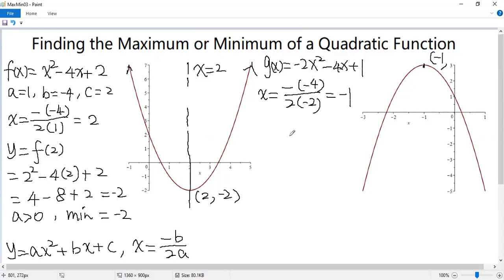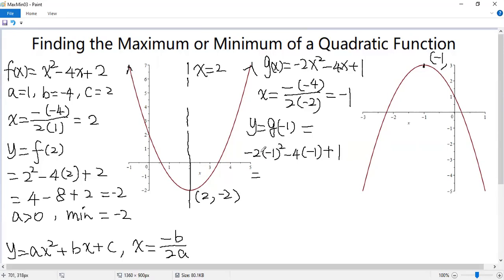To find the y coordinate, we plug in x equals negative 1. So y equals g at negative 1. That equals negative 2 times (negative 1) squared minus 4 times negative 1 plus 1. So we have (negative 1) squared equals 1.